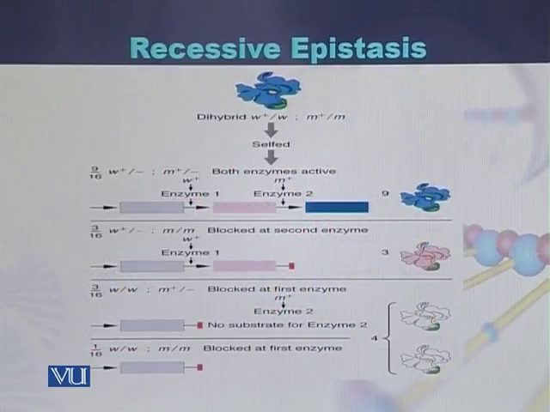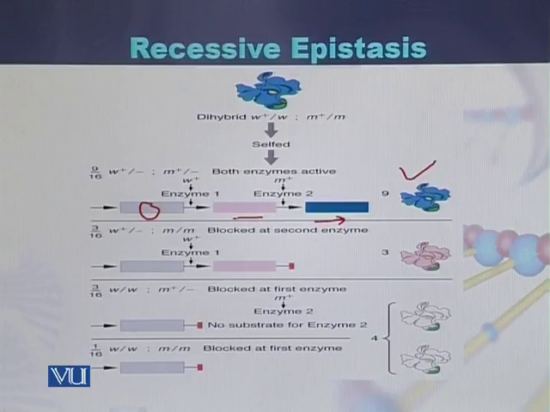Here we can also understand how the colorless is converted into the magenta color or into the blue color. If both the enzymes are active, then the product will be converted into magenta or pink and then into the blue color. So the color of the flowers will be blue.